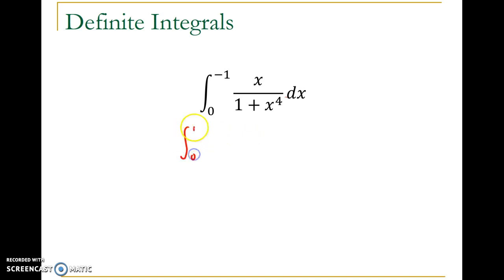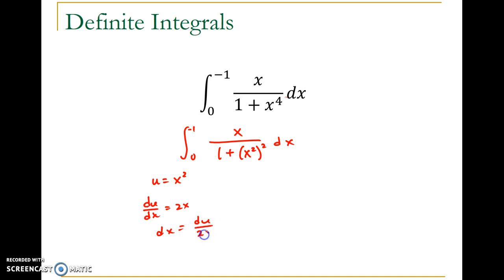So it was going from 0 to 1 of x over 1 plus x squared squared dx. And now do you see how it kind of looks like tangent inverse, and the derivative of x squared is hanging out. So I'm going to make, oops, this is a negative 1. I'm going to make u equal to x squared. So the derivative of that would be 2x. So dx is equal to du over 2x.